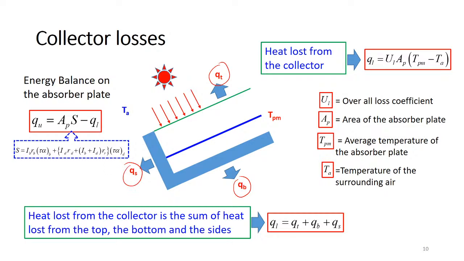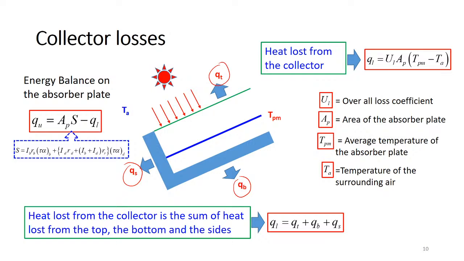Heat loss from the collector will be QL is equal to UL multiplied by AP, multiplied by TPM minus TA. TPM is the average temperature of the absorber plate, TA is the temperature of the ambient air, AP is the area of the absorber plate, and UL is the overall loss coefficient.